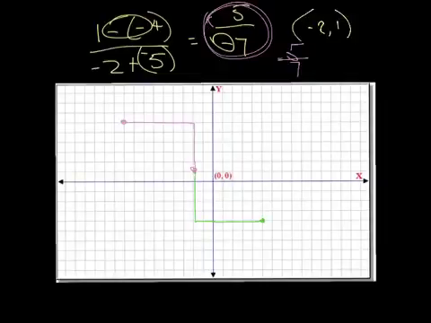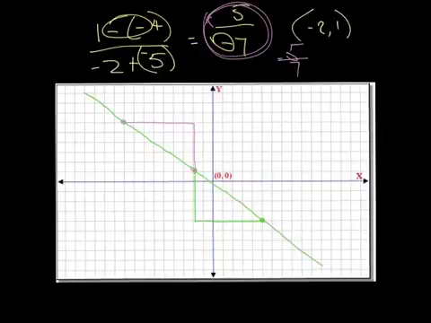Alright, so we get a different point, but what we're trying to find out is the graph of that line. Notice the graph of the line is not going to change. We either put this point through this point, draw a straight line, or this one and this one and draw a straight line. But notice we get the same straight line no matter what direction we go. So it doesn't matter whether the 5 is negative or the 7 is negative in this.